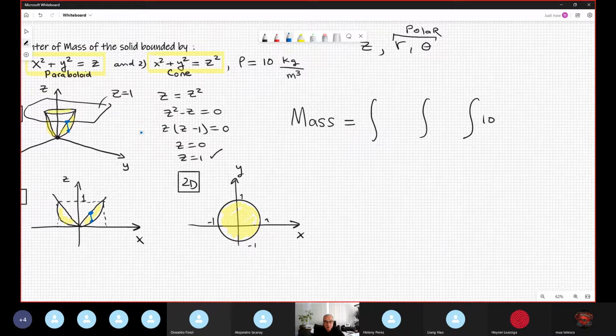So the first level of the integration is dZ. And dZ goes from the Z value of the paraboloid to the Z value of the cone. Right? But the Z value of the paraboloid is x squared plus y squared, and the other is the square root of x squared plus y squared, no?